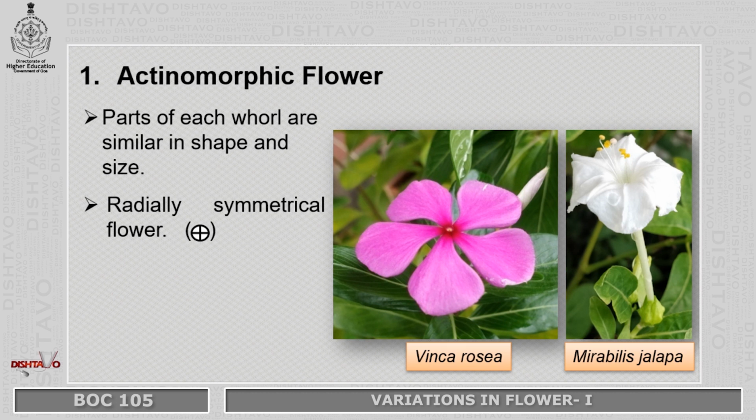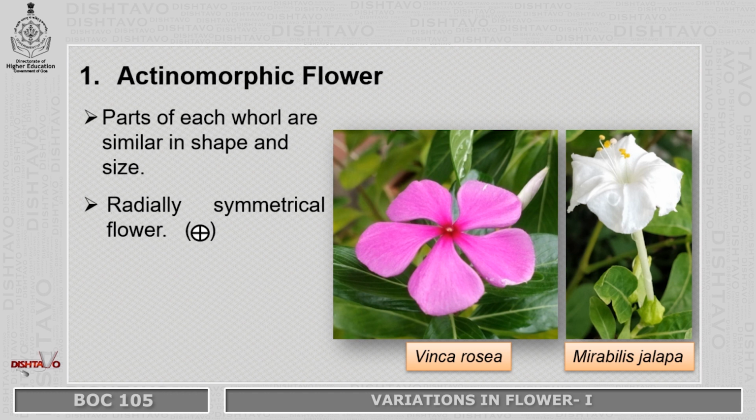In an actinomorphic flower, all the floral units in a whorl are of similar size and shape. So when the flower is divided into 2 equal halves, both the halves will be similar. You can divide the actinomorphic flower into 2 equal halves through any longitudinal plane.